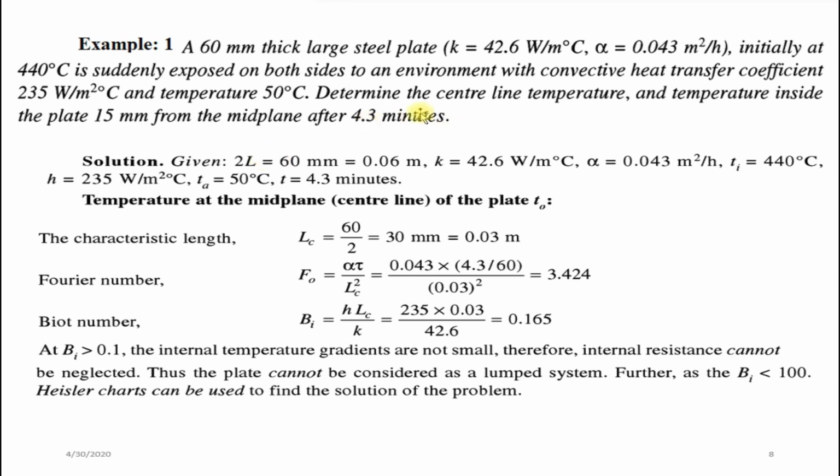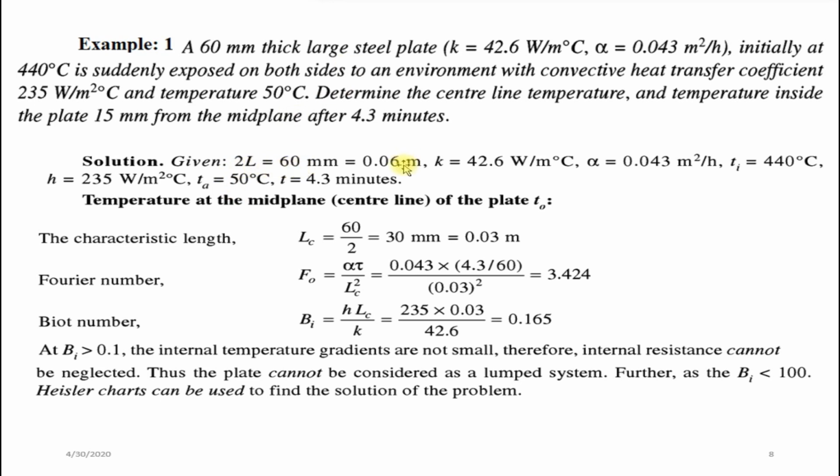So here it is given a 60 mm thick large steel plate. That means it is a large infinite solid plate. The thickness is 2L, 60 mm given.